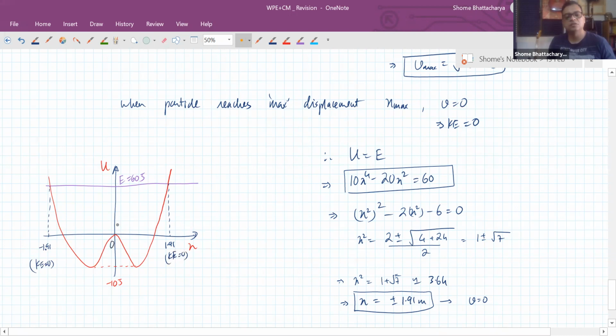Whereas at the origin, the kinetic energy was 60 joules. At this point, plus 1, and at this point, minus 1, the kinetic energy was 70 joules, which was maximum. So this is the complete conclusion of this particular question.